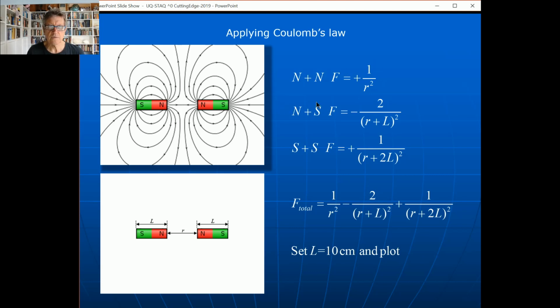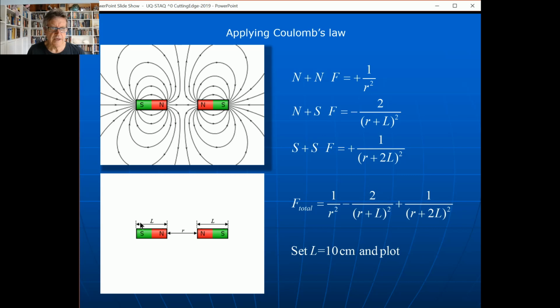If you've got a north plus south, now the force depends on the distance here, which is r plus L. So you've got the distance apart is r plus L. So that south to that north is r plus L away. Okay, so you've got two lots of that. So it's twice that because you've got a south and a north and a south and a north.